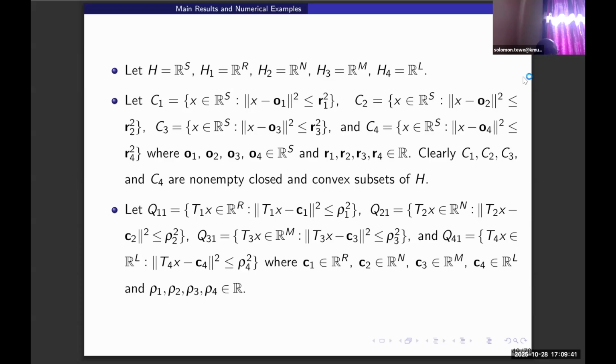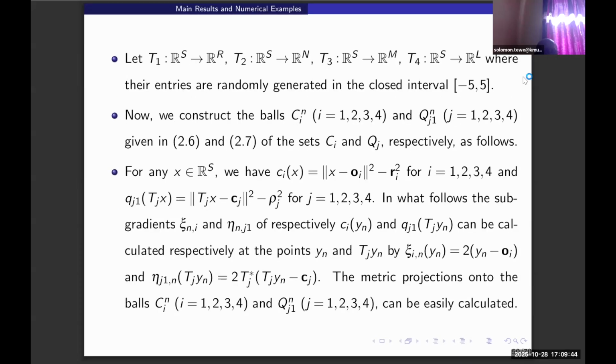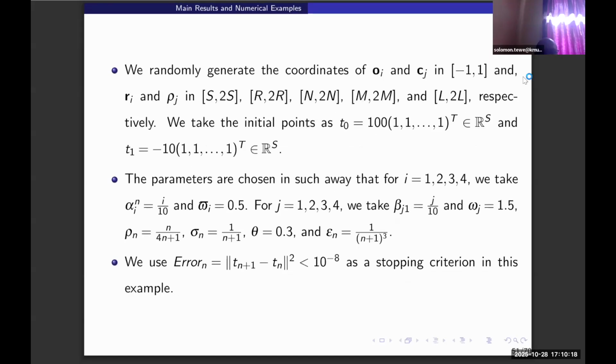And we consider the operators, which are clearly bounded linear operators. We construct the balls Cin and Qj1n, as shown before. And we consider the sublevel sets Ci and Qjk, which is Qj1, given here. So we also calculate the metric projection onto these balls. We can easily calculate it because these are special closed convex subsets.